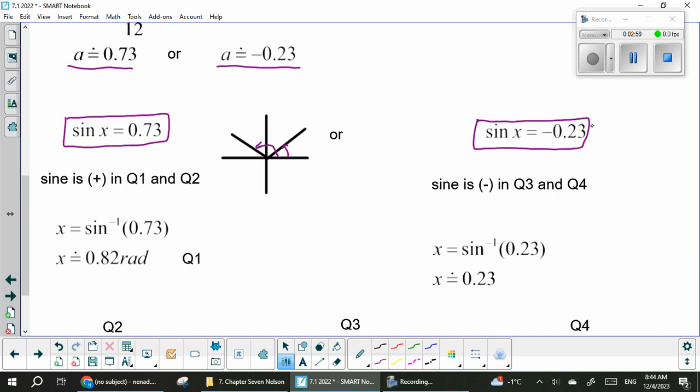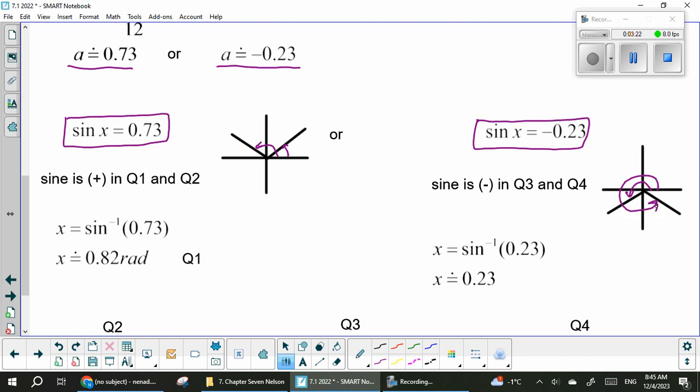And if we look at the negative value here, the negative value just means that you're going, so let me get a ruler. There we go. The negative ratio means that you are in the third and fourth quadrant, like that. So that'll also generate 2 more angles, like that.